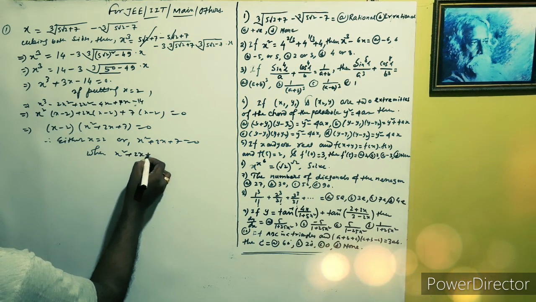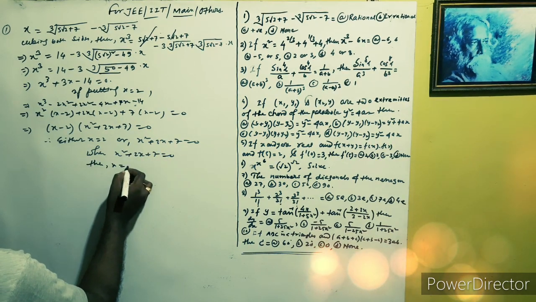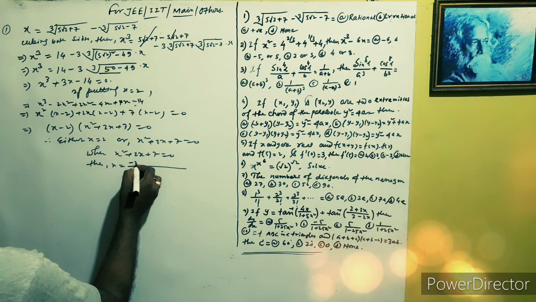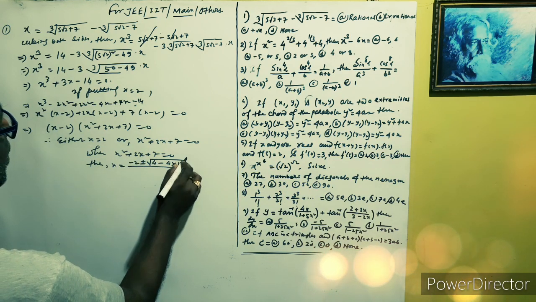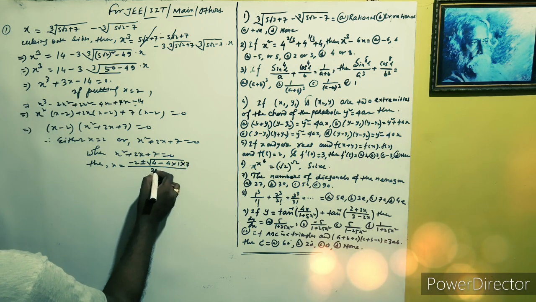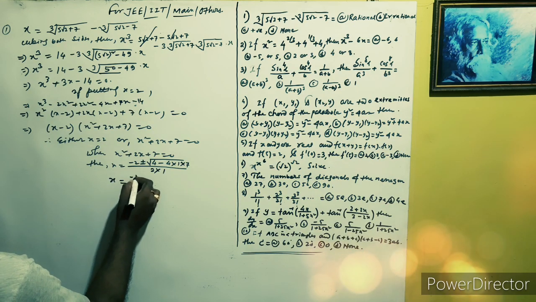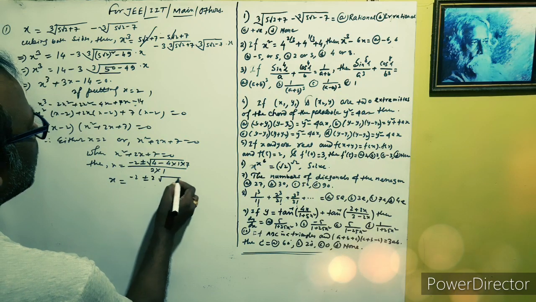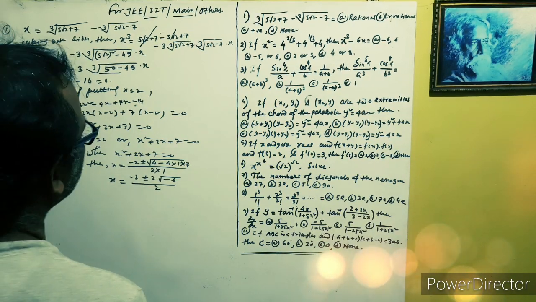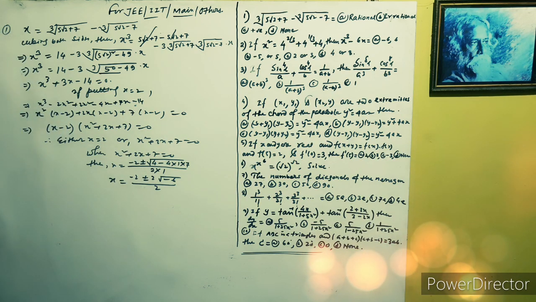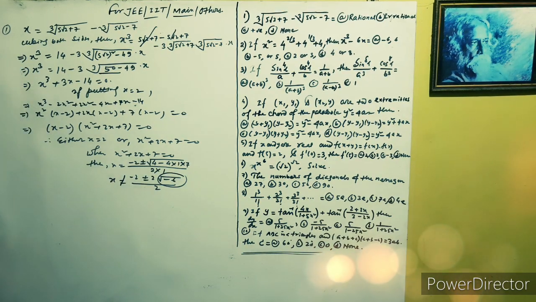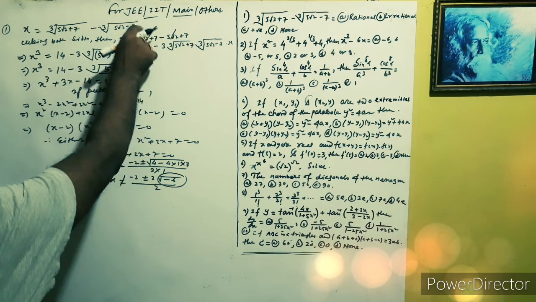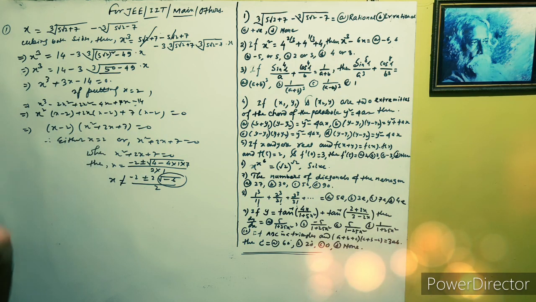When x square plus 2x plus 7 equals 0, then x equals minus b plus or minus root of b square minus 4ac over 2a, which is minus 2 plus or minus root of minus 24 over 2, and this is not possible, as it is complex. We know the value of this expression is real, so we only get the real value, and this real value is a rational number.